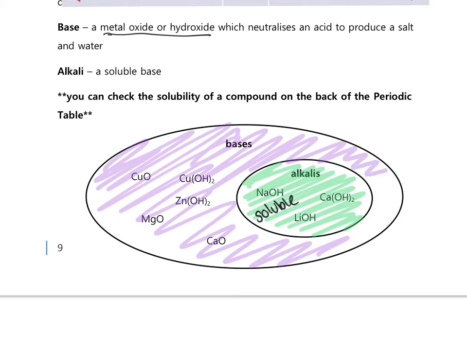Mine's quite messy, but you can make yours a bit neater. These are all insoluble. They do not dissolve in water, but they still will react with an acid to neutralise it. But alkalis are just soluble bases. That's the only difference. That's us at the end of part 1 of this topic. So when you're ready, you can move on to part 2.